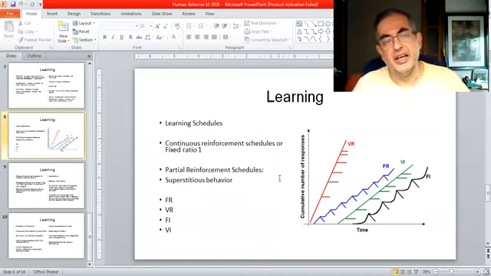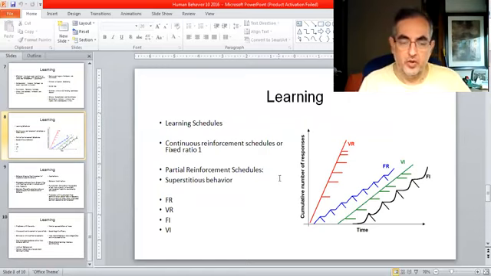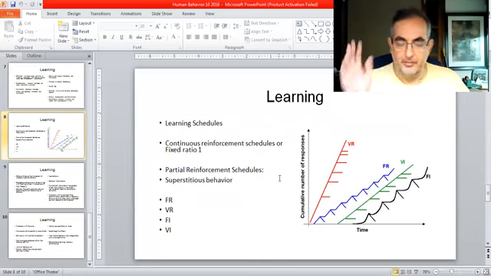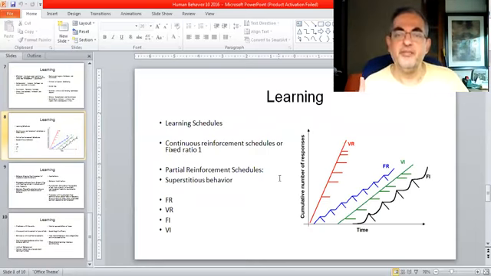so far we have been talking about: stimulus is there, behavior is shown, reinforcement is given. So there's one behavior and one reinforcement. This is called a continuous reinforcement schedule or a fixed ratio 1 schedule of reinforcement.